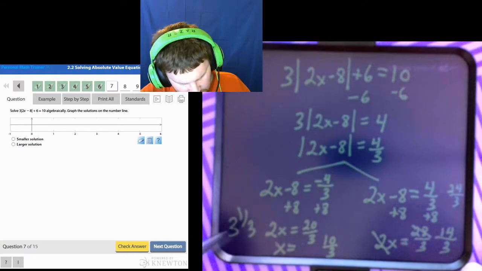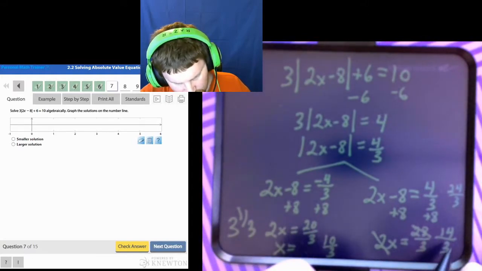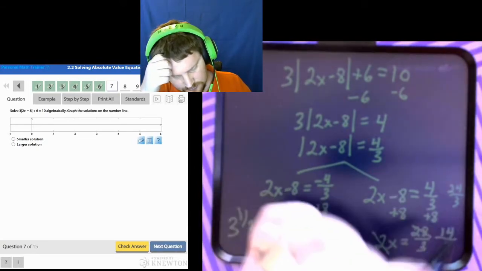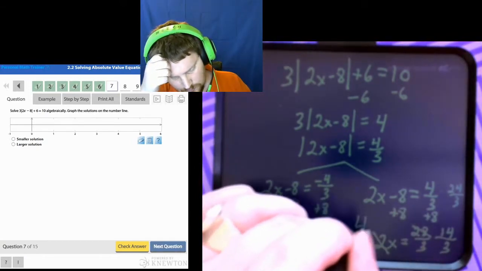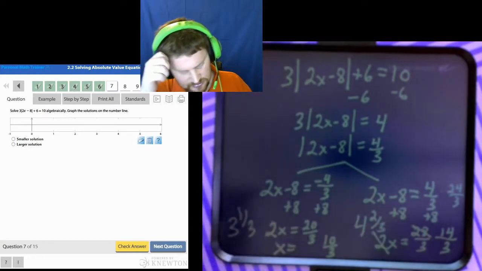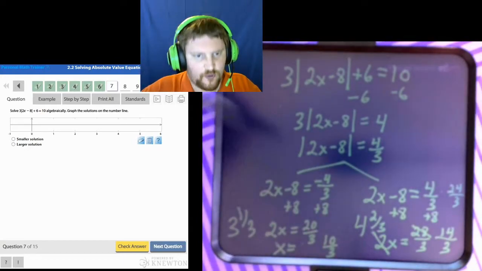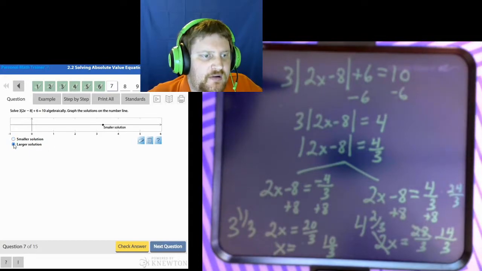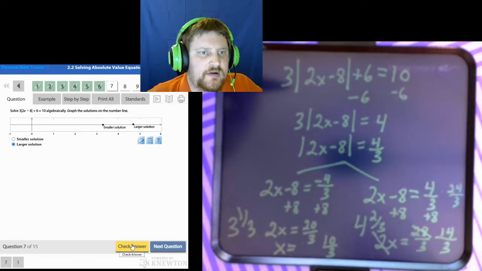So we have 3 1/3, and then 14/3 is 12/3 plus 2/3, so this is 4 2/3. So we're looking for 3 1/3 and 4 2/3. Wow. Thank you, fractions. About 3 1/3 is there, and about 4 2/3 is there.